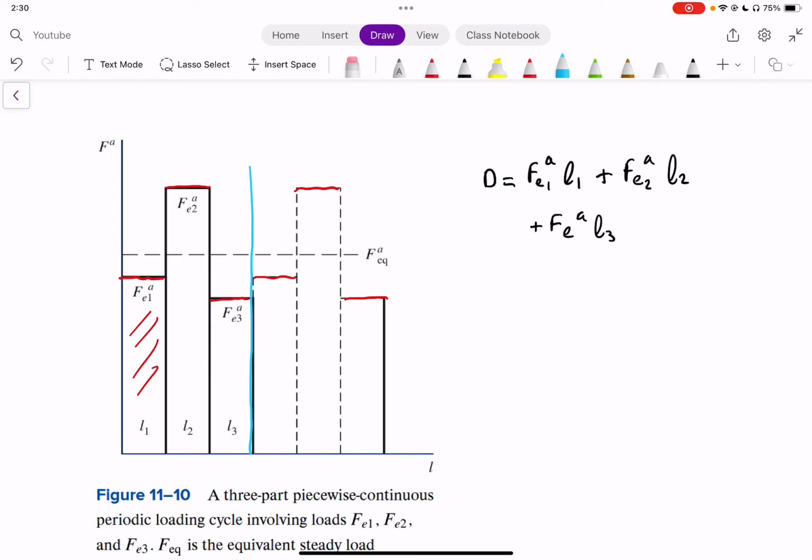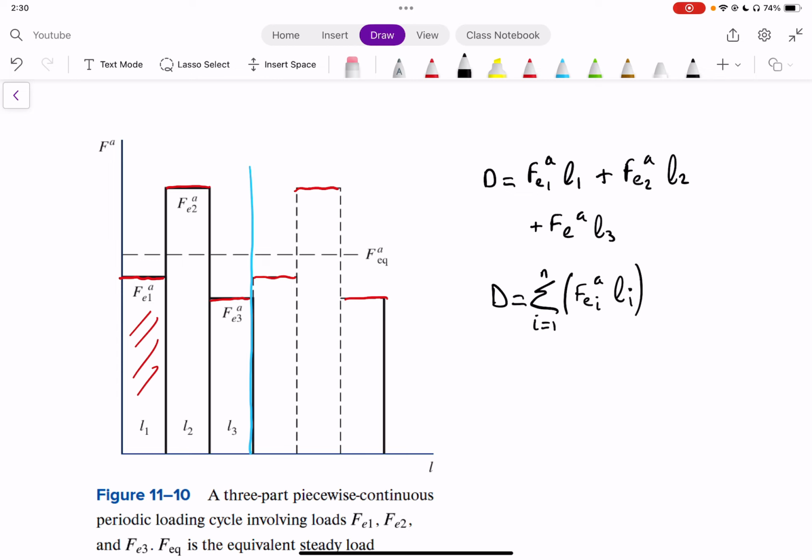We can just say it's repeating over and over, and the damage incurred up to 0.3 will be repeated over and over however many times we run the system. So we can simplify our equation to say that D is equal to the sum from i equals 1 all the way to n, so however many slices we have, of Fei to the power of A times Li.